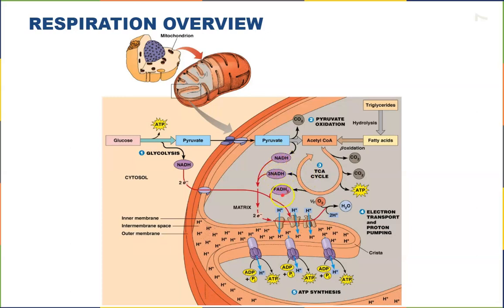And all of these electron carriers from the Krebs cycle and then those from glycolysis go into the last part of cellular respiration, which is the electron transport chain. So keep that in mind as we talk about each of these steps individually, okay?